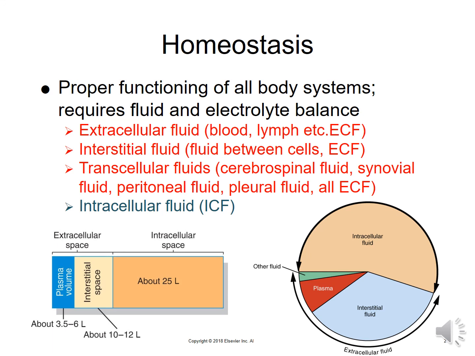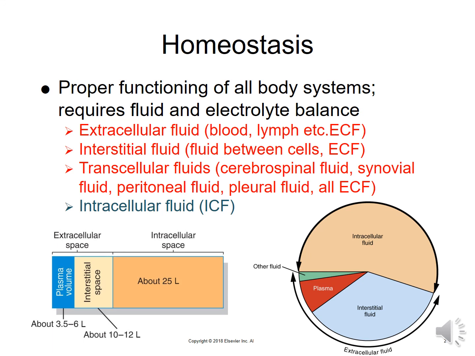What is plasma? That's the liquid part of blood when all the cells are removed. It carries fibrinogen, which helps with clotting. It has lots of proteins that do different things like enzymes and hormones. Not all hormones are proteins, but many are, and it has growth hormones.